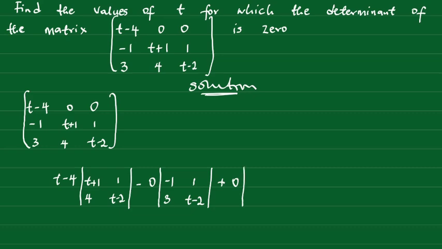This 0 is taken from row 1, column 3. Now we find the determinant of the other part of the matrix that does not include row 1 and column 3, and we end up having minus 1, t plus 1, 3, 4. And we're told that our determinant will be equal to 0.